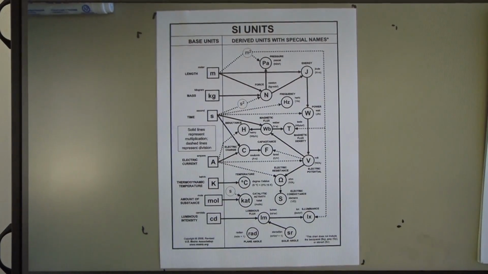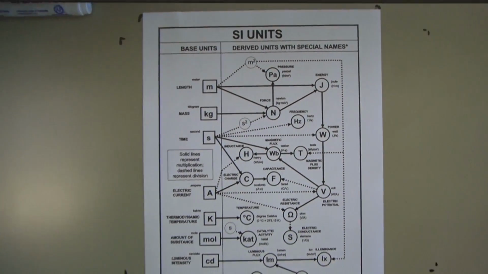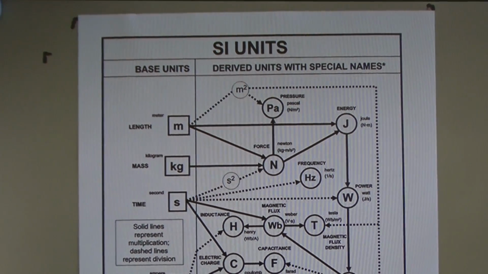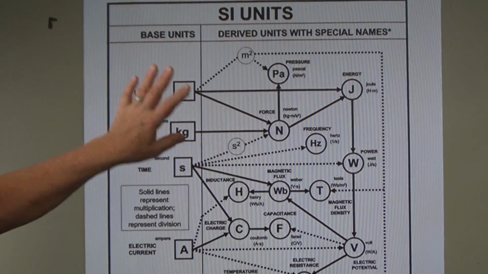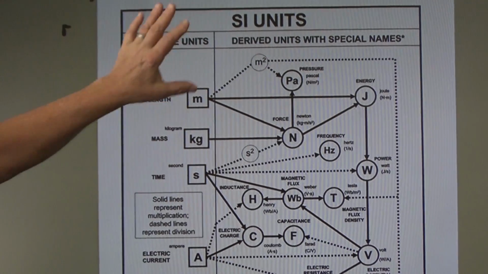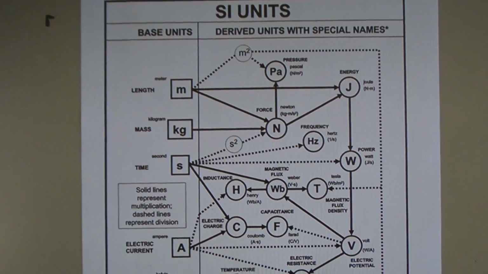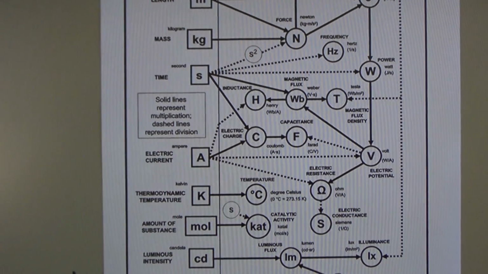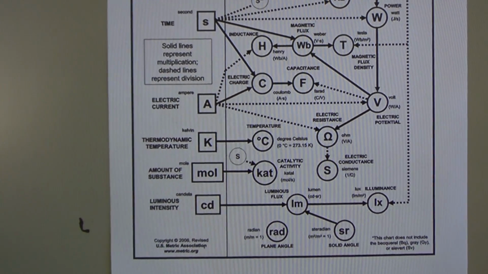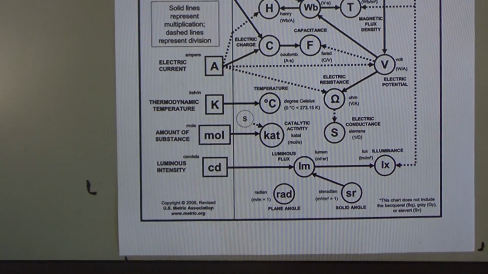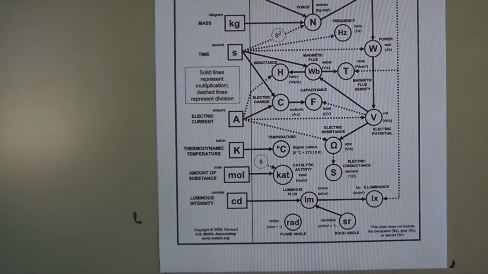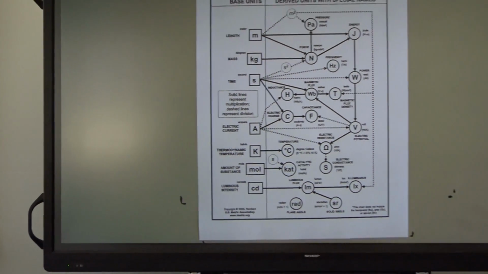This is a two-sided handout, and it helps to understand the relationships. Now, when we talk about energy balance, we're only talking about a very small subset of all the units in here, but it helps to be fluent in the simplest relationships of SI units, and this is something I found that's useful.